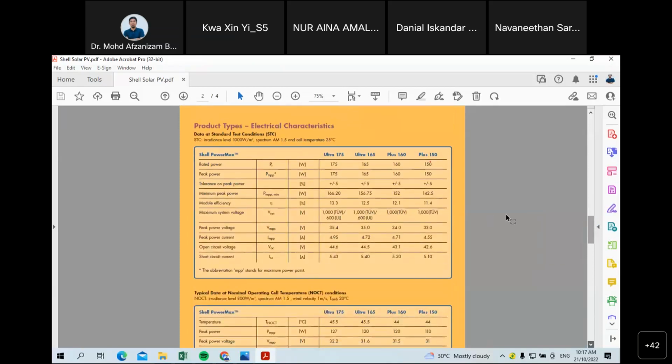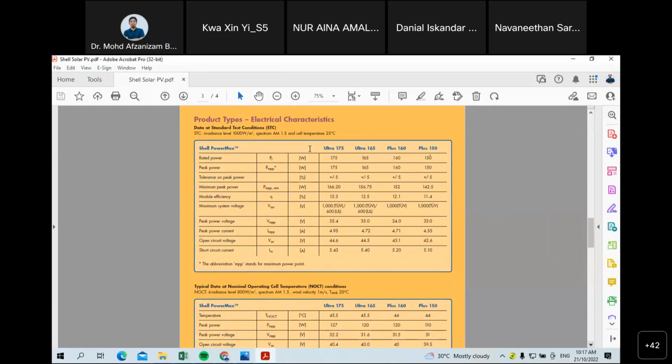So, for example, rated power 150, peak power 150, tolerance of peak power plus minus 5, maximum peak power 142.5, and others.